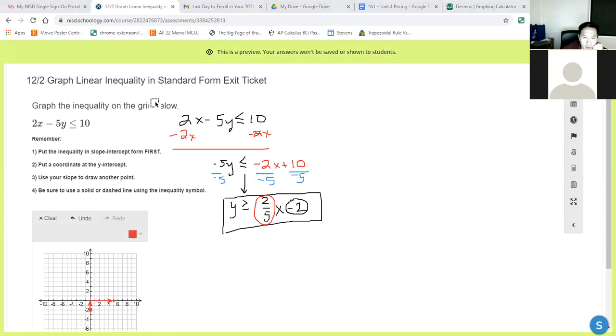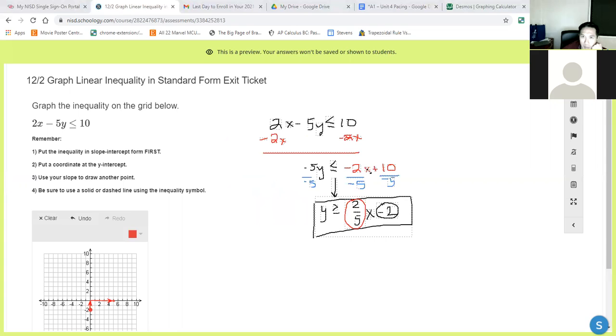So to see a clear picture of this, I'm going to go ahead and move this out of the way real quick, and I'm going to blow it up.